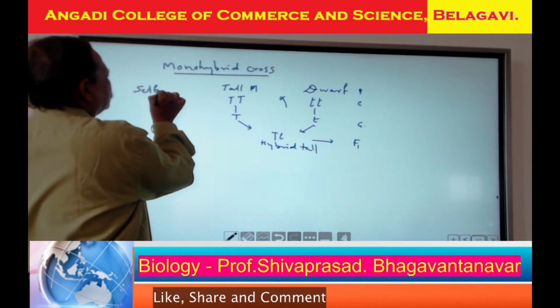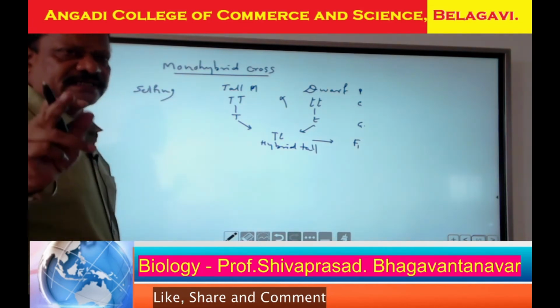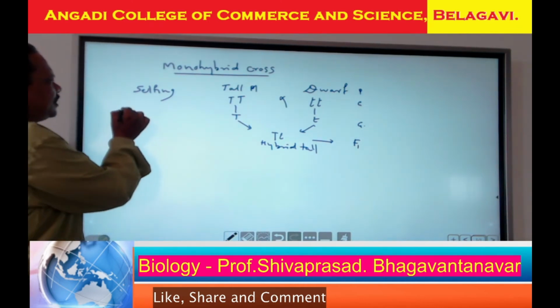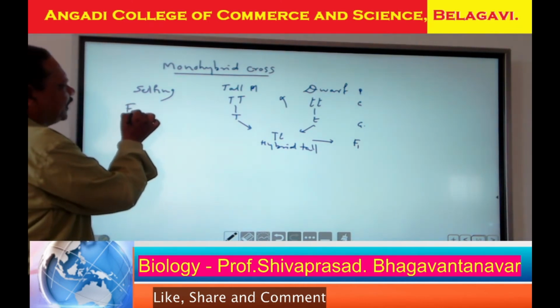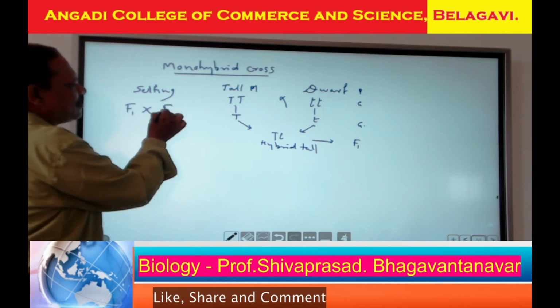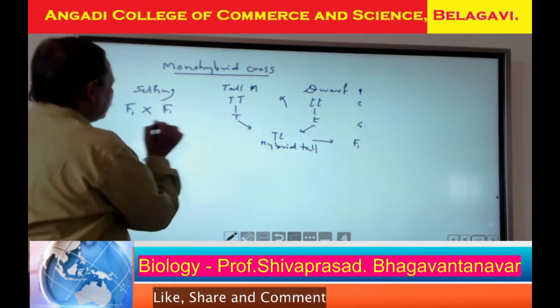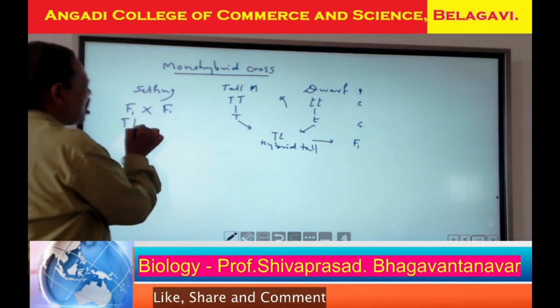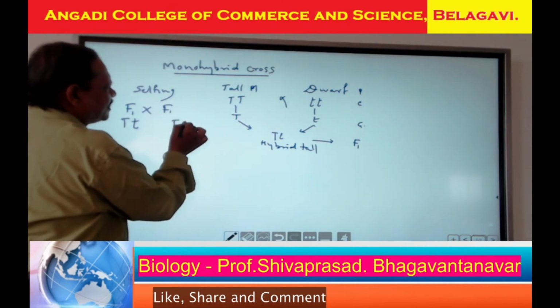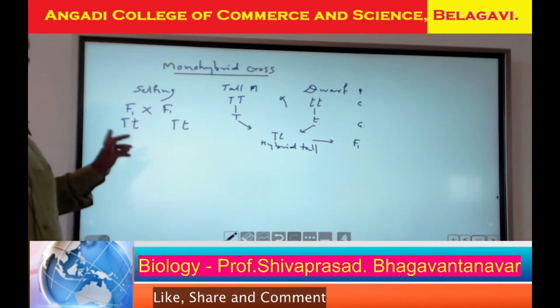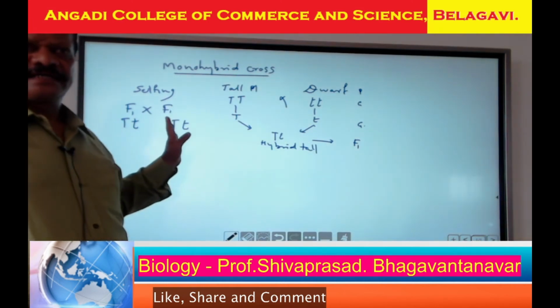When you are going for the selfing, F1 is crossed with F1. So here capital T, small t is crossed with capital T and small t. Both are hybrid tall plants.